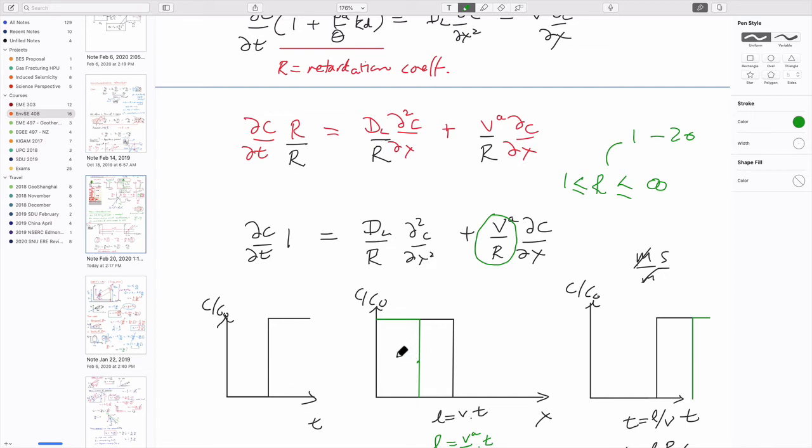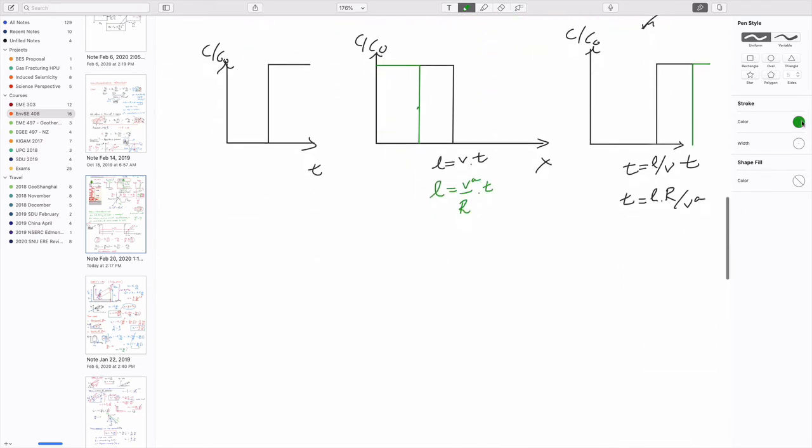Maybe I should go just below this and draw two cases that kind of mirror this. Actually I can do it on here. I'm going to do that in a different color.